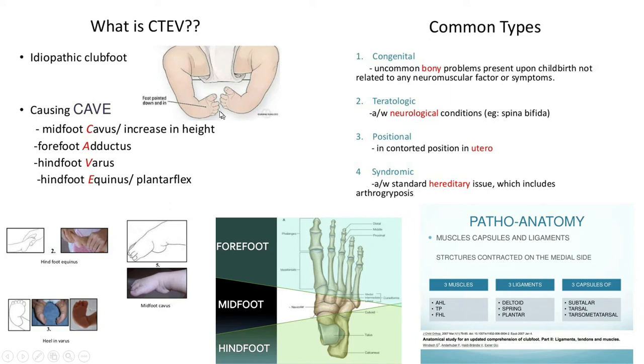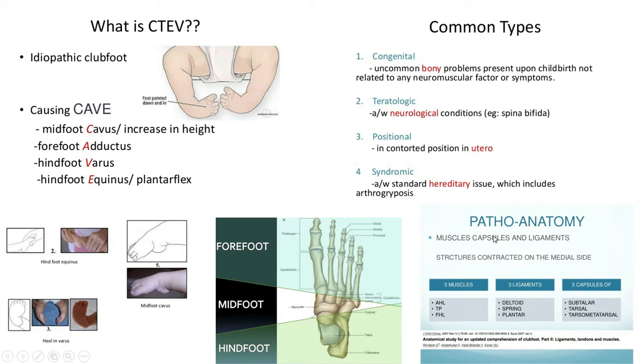Fibular hemimelia may be associated with CTEV, but bilateral symmetrical cases generally present with congenital talipes deformity, and it is generally idiopathic. And regarding the muscle and tendon, the soft tissue in the posteromedial aspect gets contracted, and due to this contracture, this deformity happens.